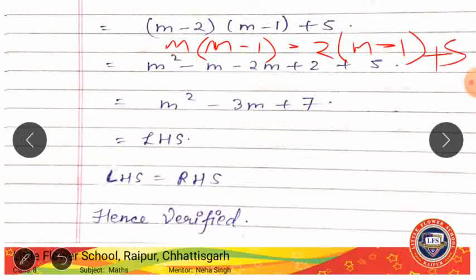So m square minus m, then minus 2m, and minus 2 into minus 1, which is plus 2, and plus 5. m square, then these terms can be added since they are alike. Minus m and minus 2m is minus 3m, 2 plus 5 is 7. m square minus 3m plus 7. LHS equals RHS. Now this was m square minus 3m plus 7, this is our RHS, which is equal to LHS.